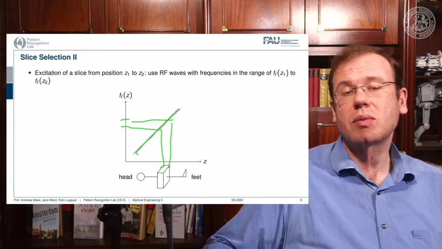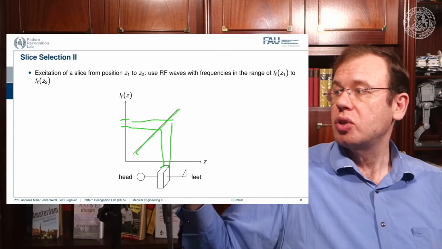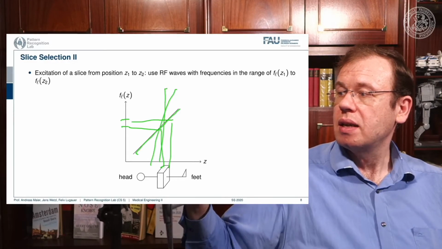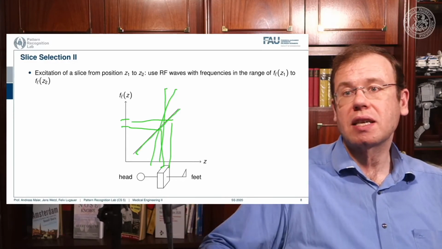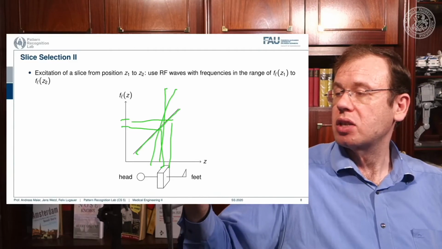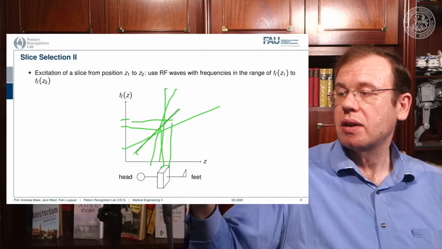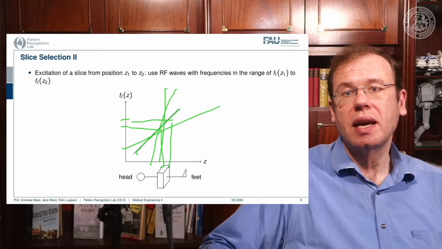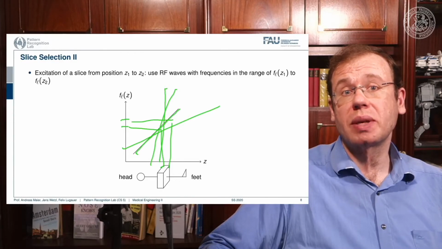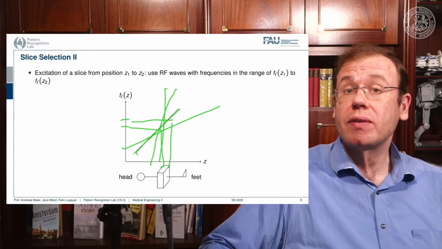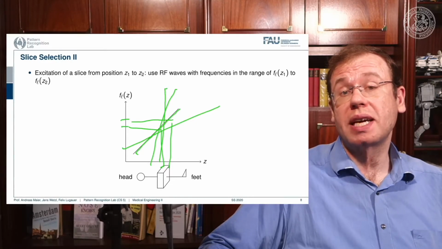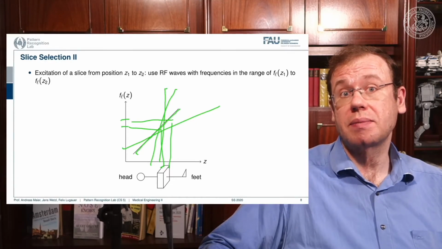So you see, this way I can determine by the steepness of this gradient how thin the slice will be, and if I take a direction that is more broad, then I will get very thick slices. With this idea, we can determine which slice inside the body will be excited, and therefore all the signals that we are measuring can only emerge from that particular slice.